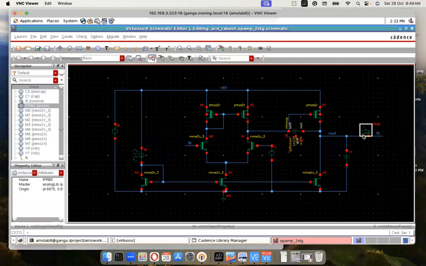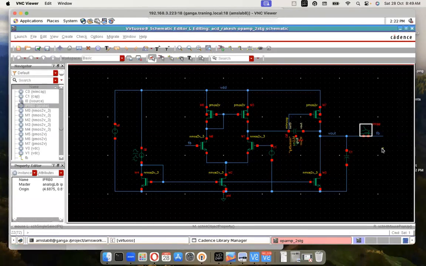There is a loop, and you remember, because any open loop OTA or open loop op-amp may not have a stable operating point. Even with the slightest change with the input, your operating point varies a lot. So to make sure that we have a stable operating point, we have to give a feedback. That feedback gets completed by this I probe.